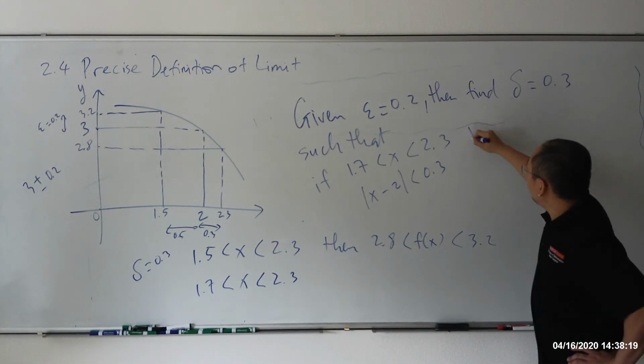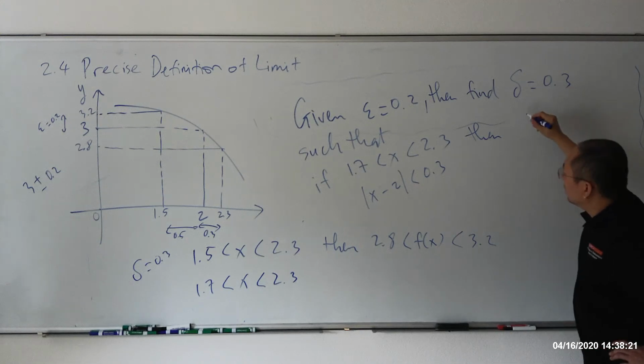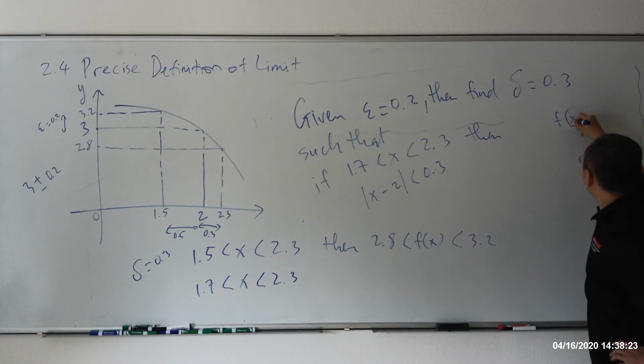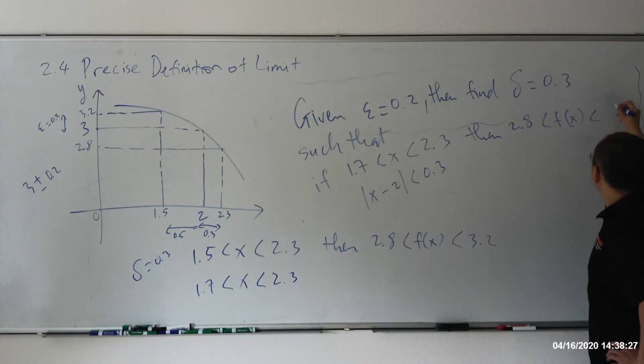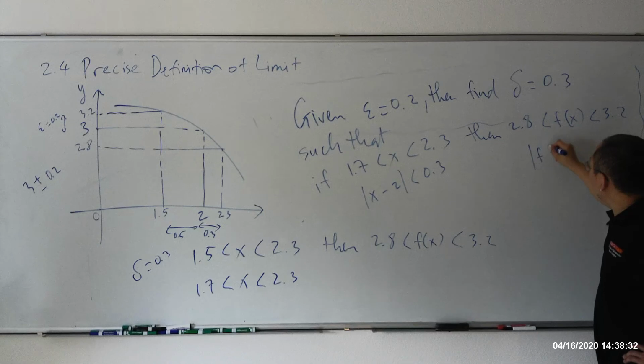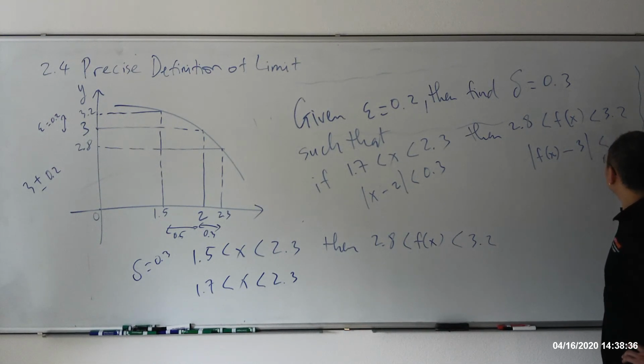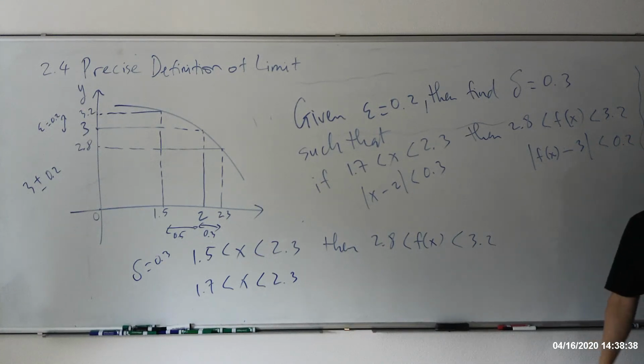Same thing. Then f of x is somewhere between 2.8 all the way to 3.2. And this is another way of saying that the absolute value of f of x minus 3 is less than 0.2. All right?